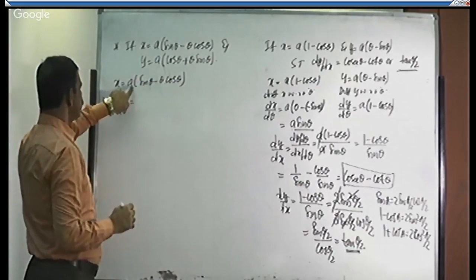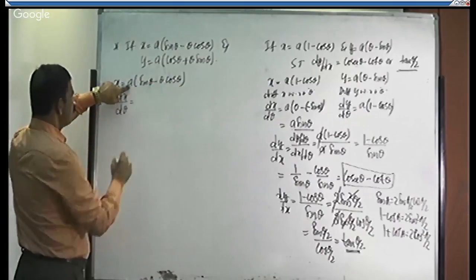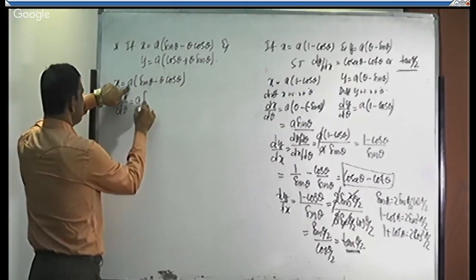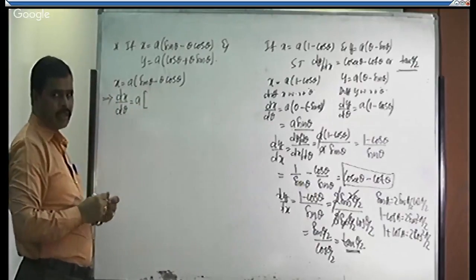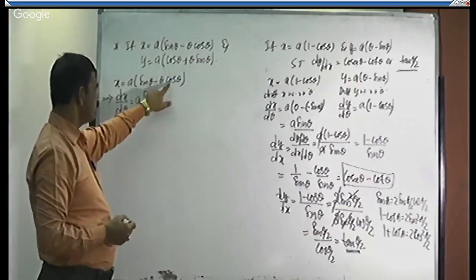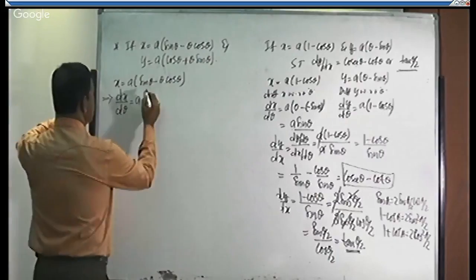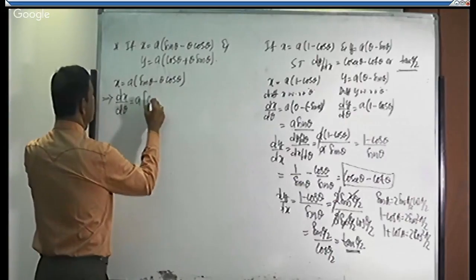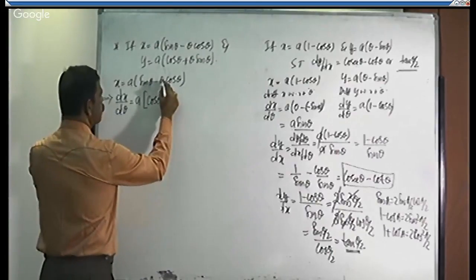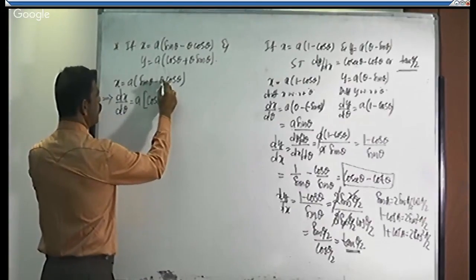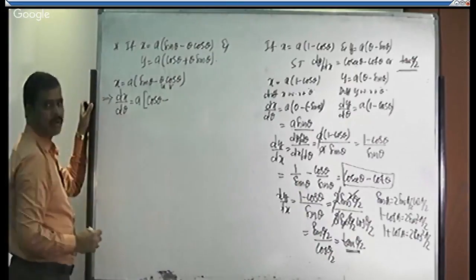It is constant into function. Keep the constant as it is and differentiate the function. What is the function? It is sin theta minus theta into cos theta. How to differentiate it? Differentiation of sin theta is cos theta, similar to sin x. Minus, it is theta into cos theta, therefore use the product rule.